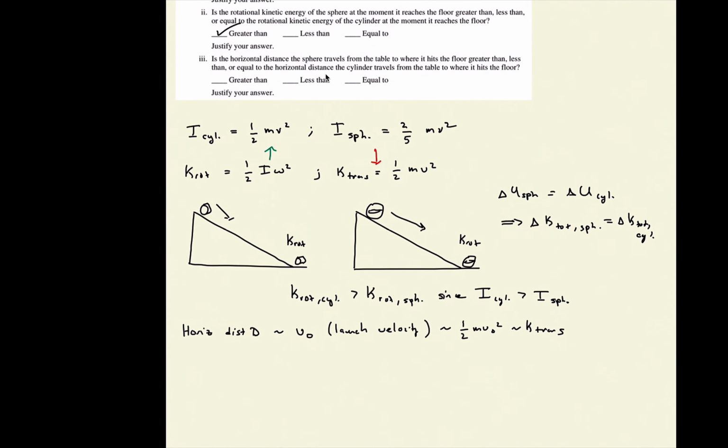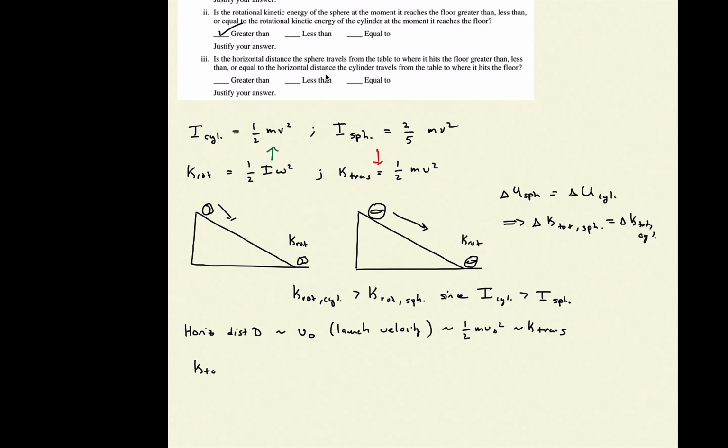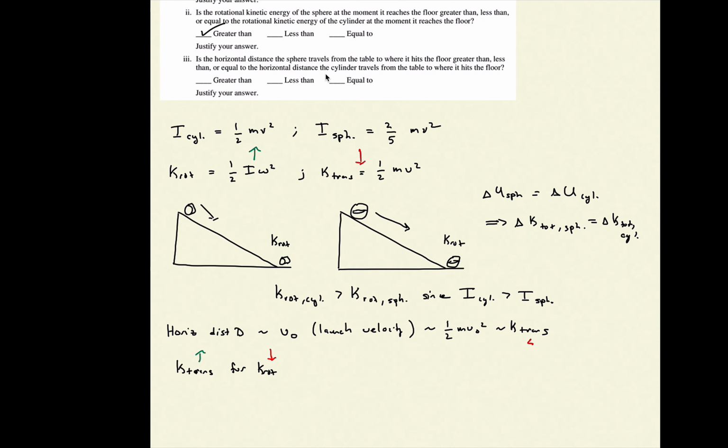Well, just like we said, for a set amount of starting potential, translational kinetic energy is bigger for a rotational kinetic energy that's smaller. Whichever one has bigger rotational kinetic energy must then have less translational kinetic energy, meaning less velocity, meaning less launch distance. All right, well, which one had bigger rotational kinetic energy? The cylinder.